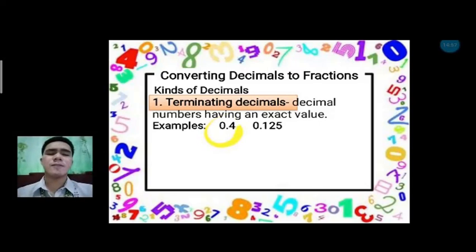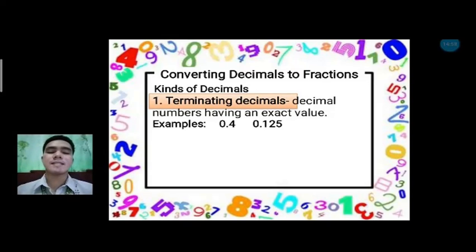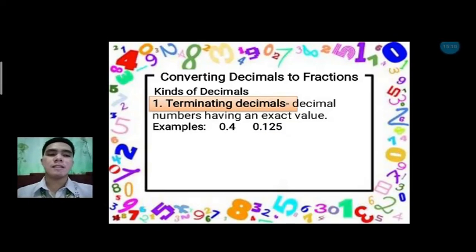This 0.4 can also be called 4 tenths, because its place value is tenths. Then this will be 125 thousandths, because we have tenths, hundredths, thousandths, so thousandths is the place value. We also have 5 tenths, 75 hundredths, and so on and so forth. So exact value, no repeating.